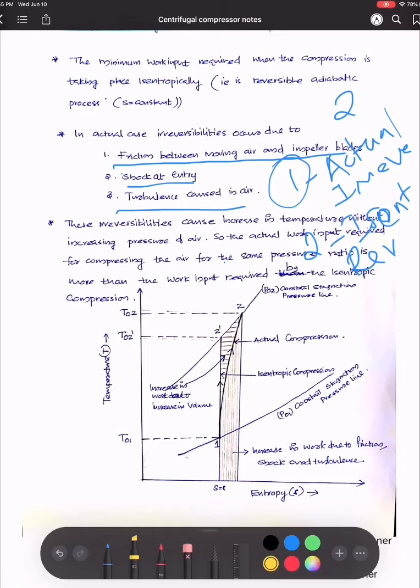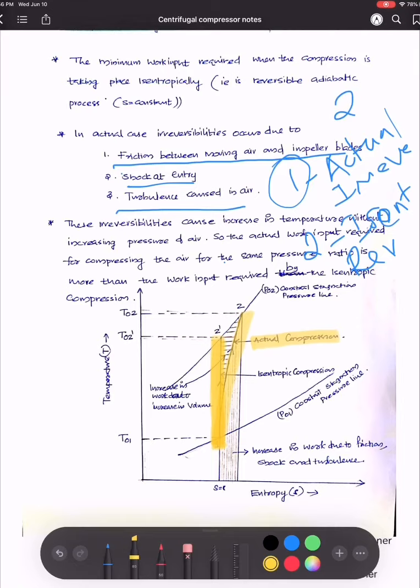You can easily understand that from this particular graph. The line 1, 2 dash is the isentropic line. That means we are not considering the losses, and we are assuming that the compression takes place isentropically. Now 1, 2 is the compression process, which considers all the losses. It is the actual compression process.